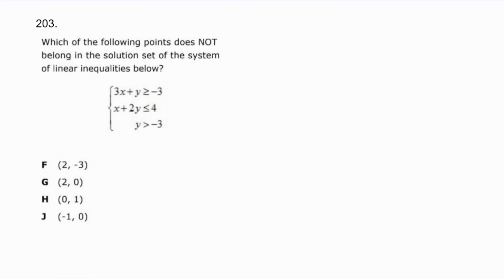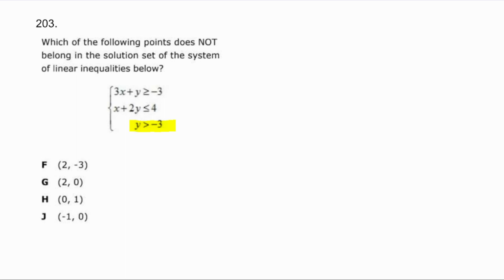I think there's one more on this page. Which of the following points does not belong in the solution set of the system of linear inequalities below? Oh, on this one, I remember when I was working this the first time, I started to make a plot, or graph the system, but then I realized that was not going to be necessary because you look at the most basic looking equation.